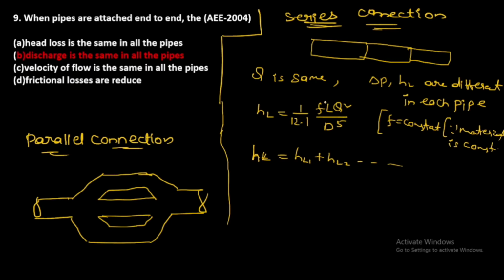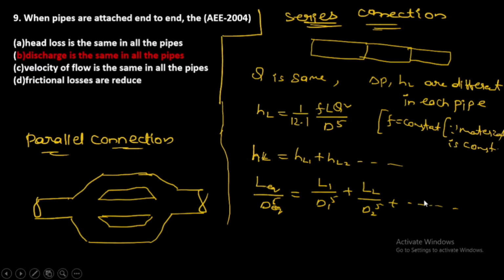Here F is constant, Q is constant, so L equivalent by D equivalent power of 5 is equal to L1 by D1 power of 5 plus L2 by D2 power of 5 plus so on. For series connection we will use this expression to calculate equivalent diameter or equivalent length or any length or any diameter.